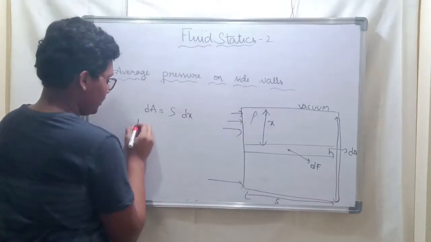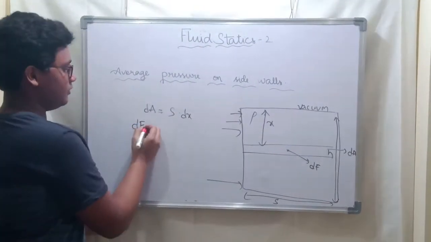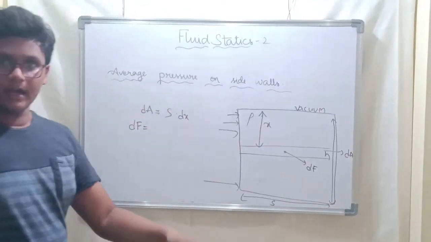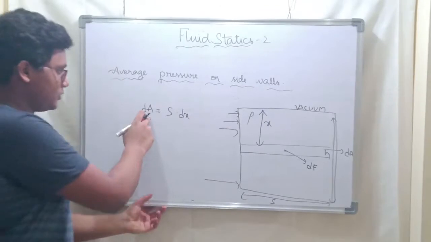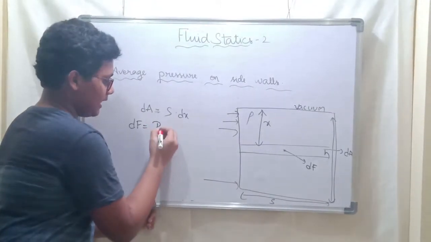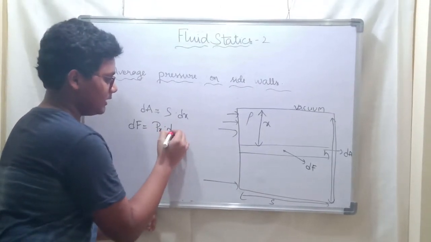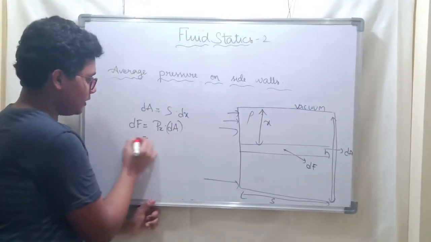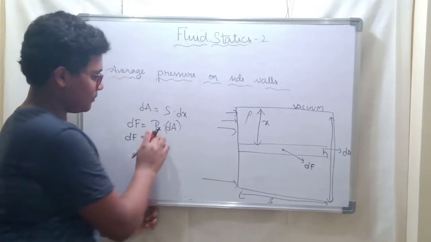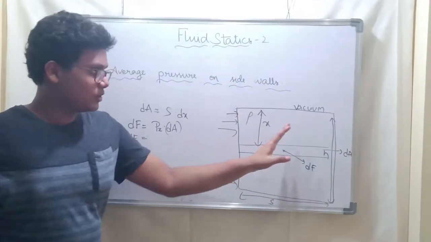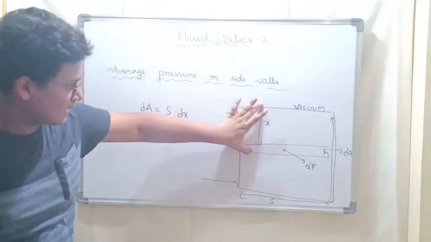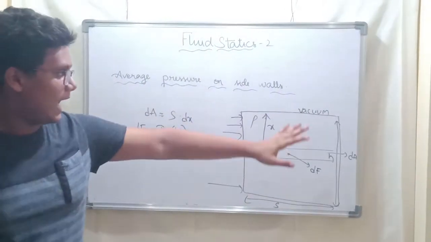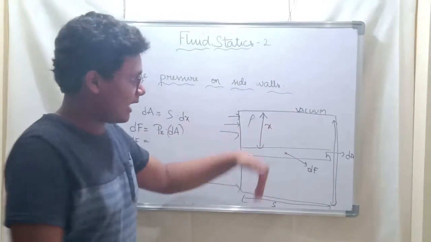And dF is equal to, we convert using F equals pressure into area. So Px into dA. Px is x rho g, where x is the height, rho is the density of the liquid, and gravity is acting downwards.